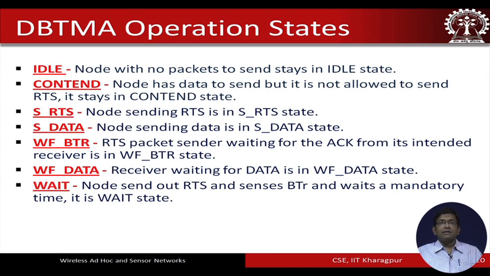Or it can be in the SRTS state, the node sending the RTS, the SDATA state, the node sending the data, WFBTR, WFDATA and wait states. So, these are all different types of states. There are 7 different states in which the DBTMA protocol can operate.